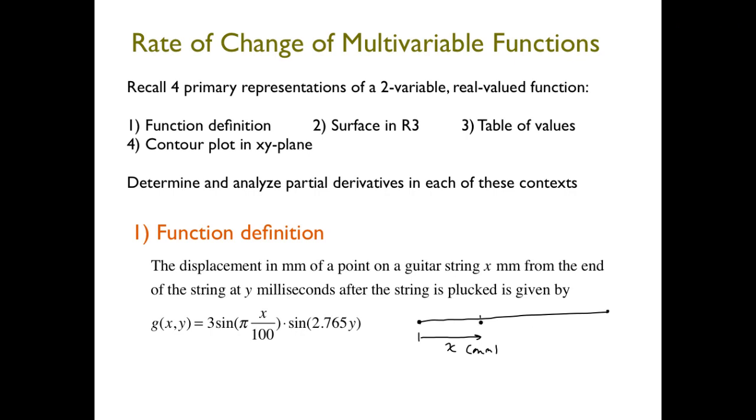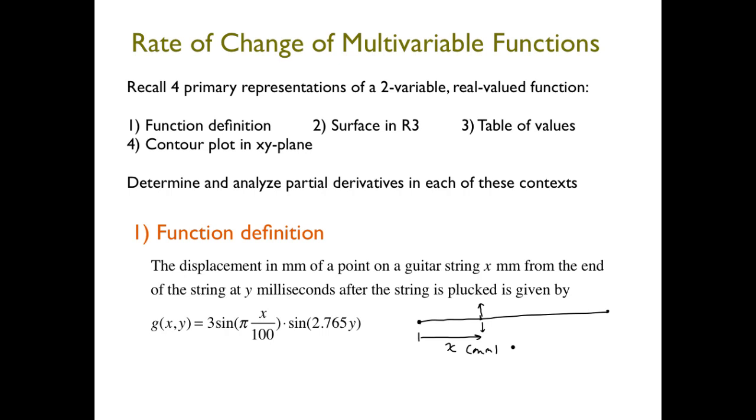And then y is time since it was plucked, right? Time since you plucked the string. And then g of x, y, the dependent variable, is that point's displacement, either up or down, at that distance from the end and at that time, y milliseconds. Does that make sense?